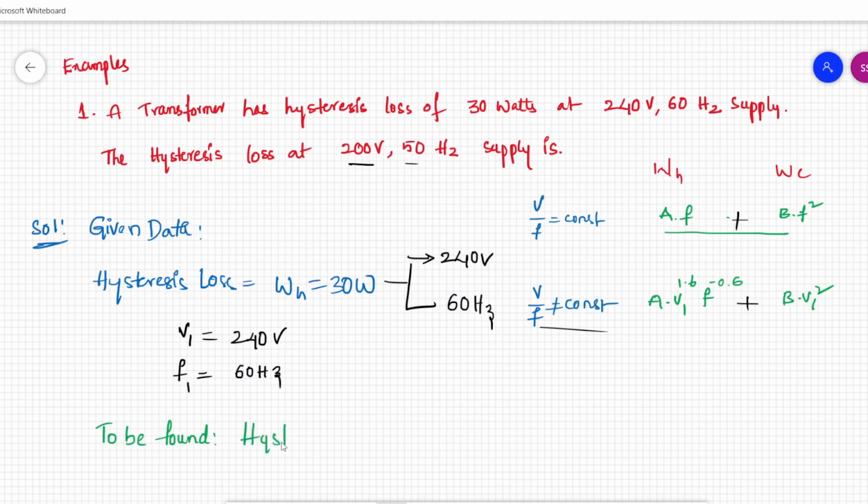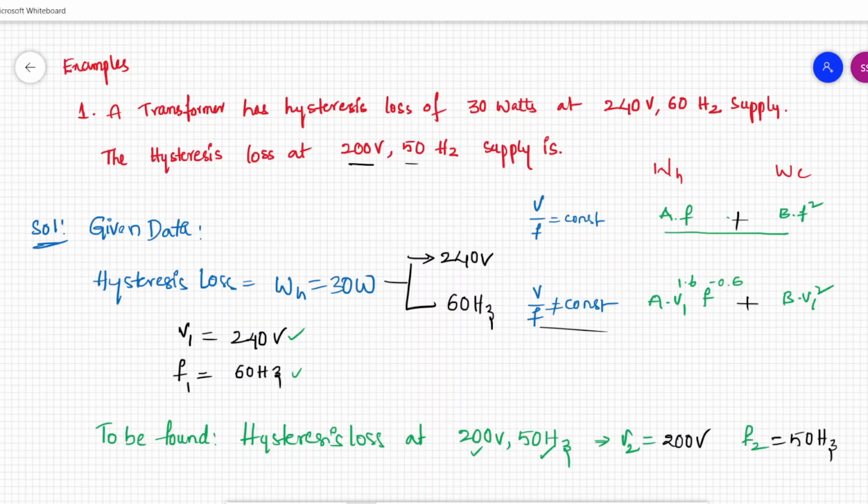To be found is the hysteresis loss at 200 volts and 50 Hz. So here you can see this was 240 volts and 60 Hz. Now we are going to find the hysteresis loss at 200 volts and 50 Hz. So let's take them as V2 and F2. V2 is 200 volts and F2 is 50 Hz.